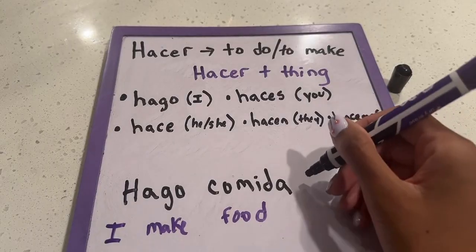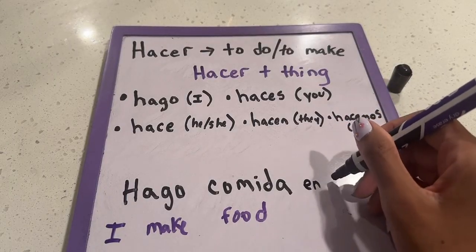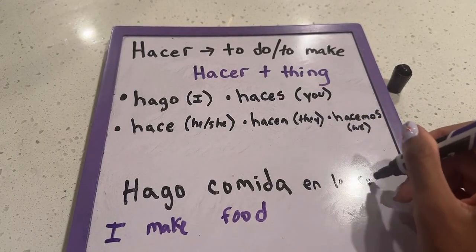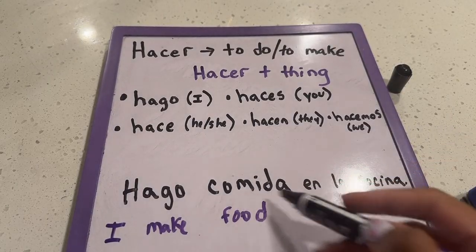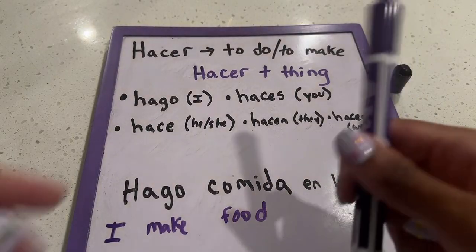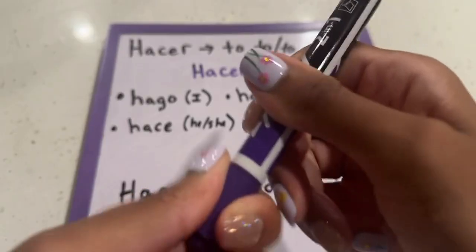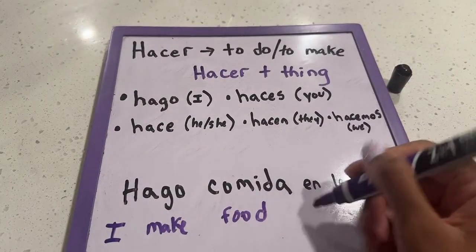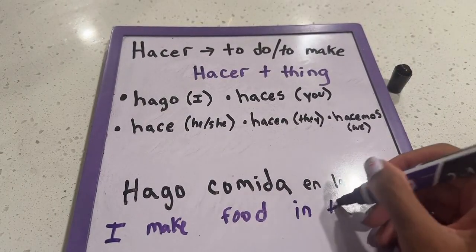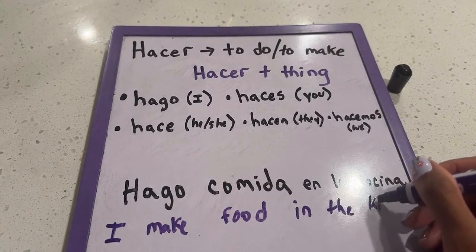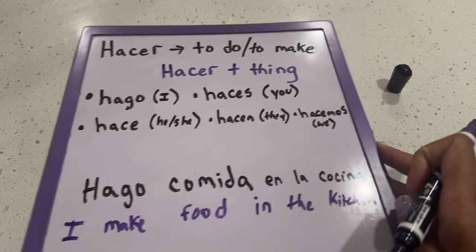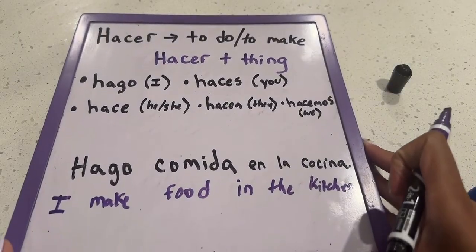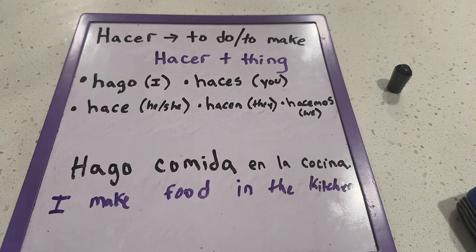Let's say, hago comida en la cocina. Hago comida en la cocina. Oh, that rhymes. And what that now means is I make food in the kitchen. Because cocina is how we say kitchen. So there we've made a full sentence.